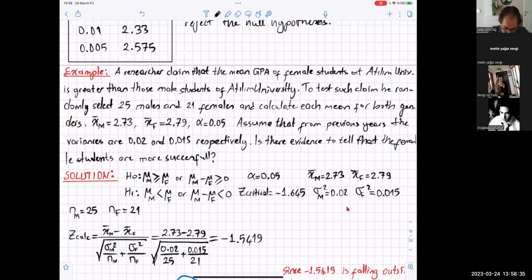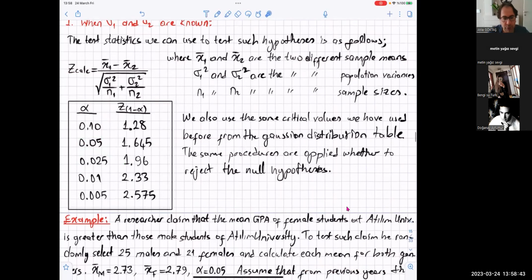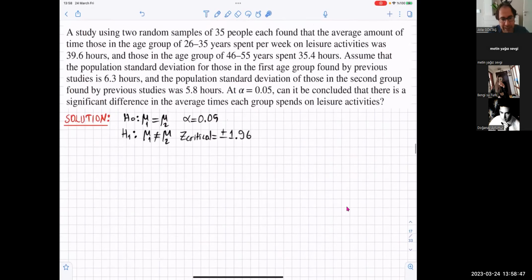Okay, look here. The alpha level is 0.05, so you split it into two halves, and you have two critical values, one on the left, minus 1.96, and the upper bound, positive 1.96. And let's see what else we have.